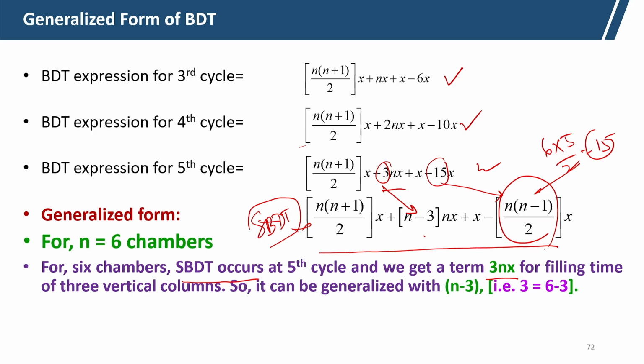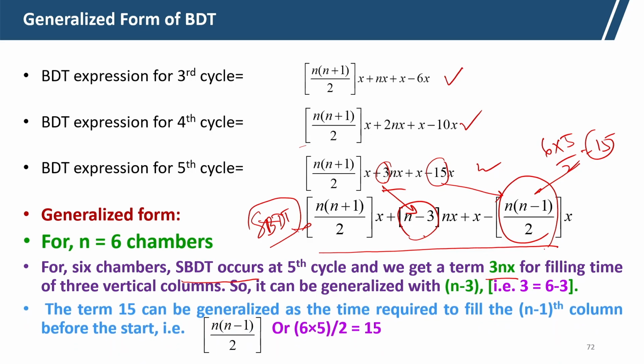So, it can be generalized as n minus 3. That is why we are generalizing n minus 3. Similarly, the term 15 can be generalized as n multiplied by n minus 1 by 2. So, that we are getting in this fashion.